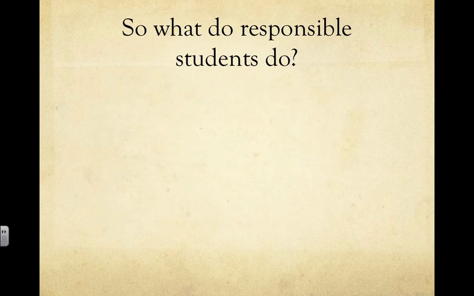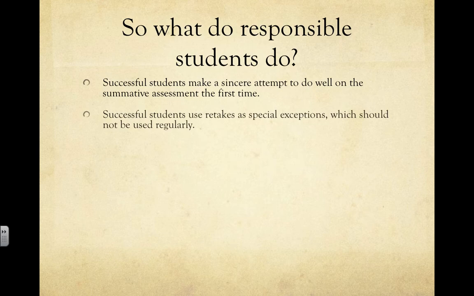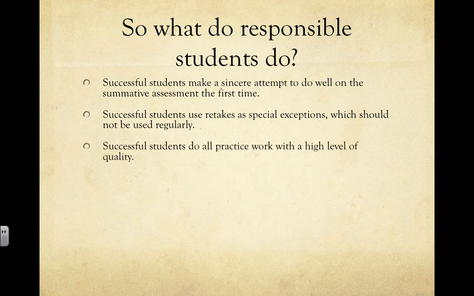So what do responsible middle school students do? Successful students make a sincere attempt to do well on the first summative assessment. Successful middle school students also use retakes in special circumstances, but not with any regularity. Successful students will do all of their practice work with a high level of commitment to quality.